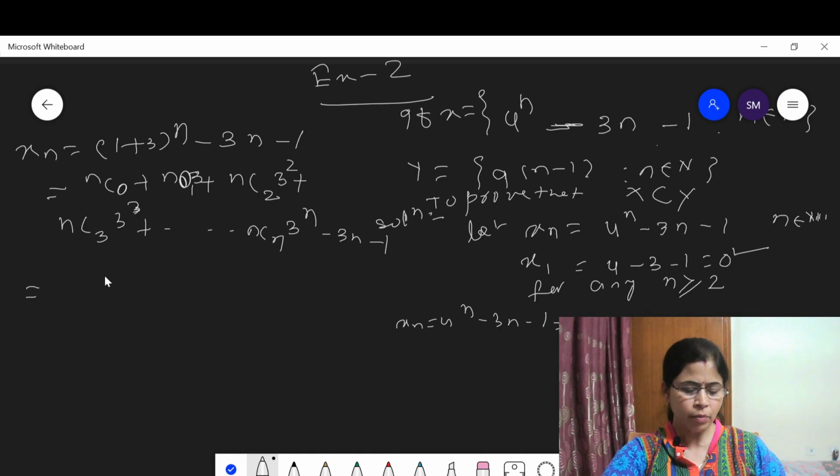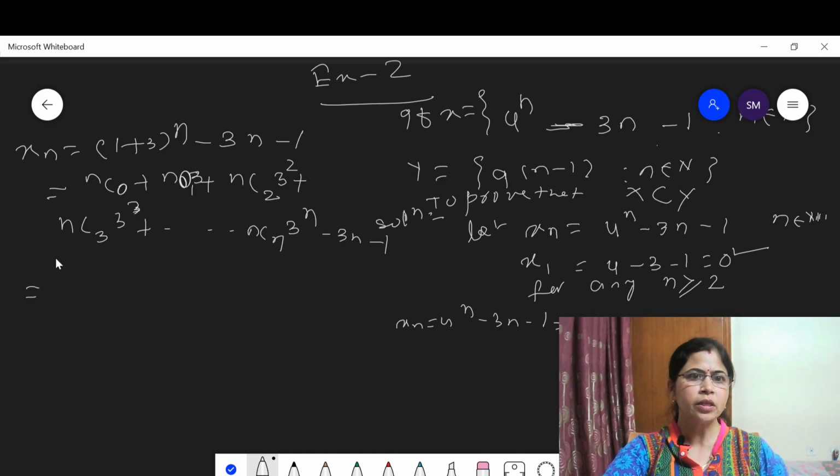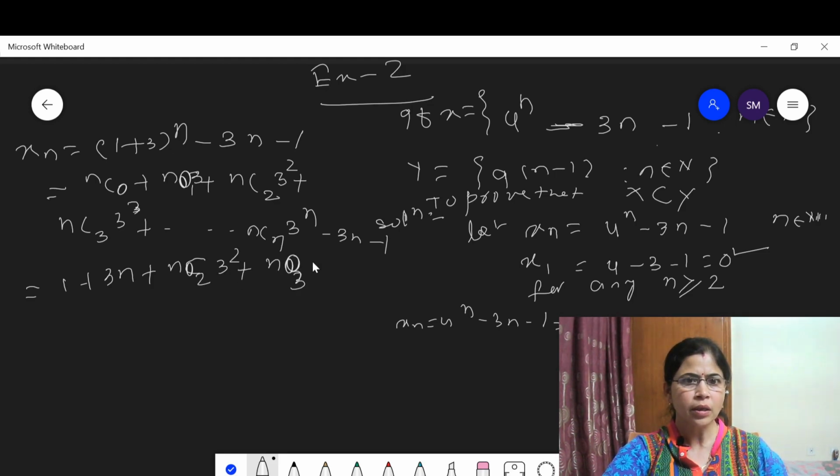Here nC0 is equal to 1, nC1 into 3 is equal to 3n, plus nC2 3 square plus nC3 3 cube, and so on up to nCn 3 to the power n, minus 3n minus 1. Here 3n minus 3n cancels, 1 minus 1 cancels.